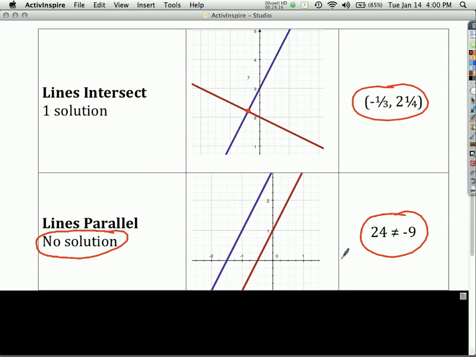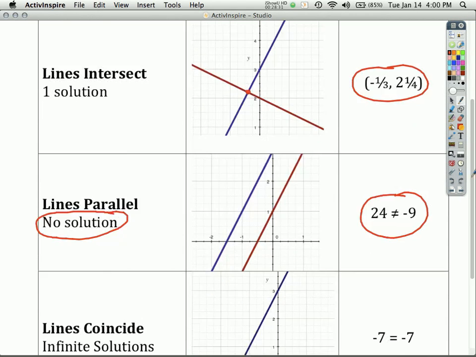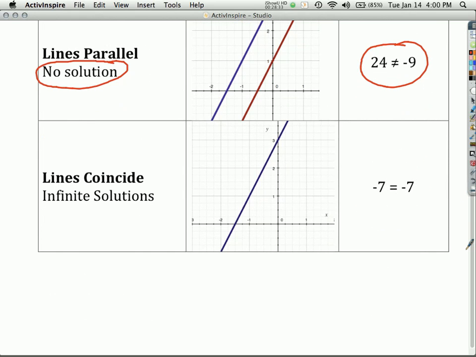Finally, we have another case. What if we had two lines just like we have here, except instead of them being parallel, they're actually the same line two times. If we have the same line two times, this is what it would look like.